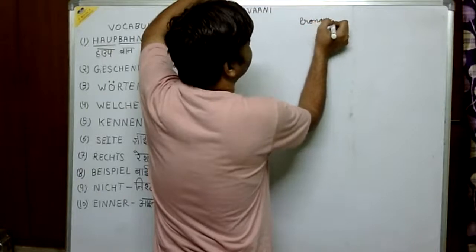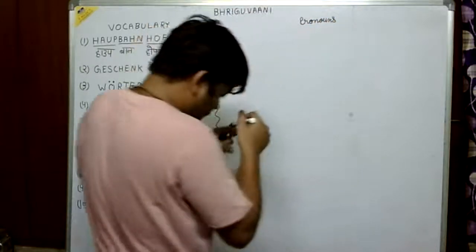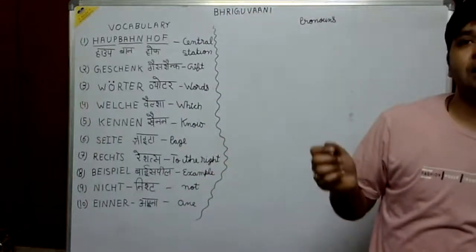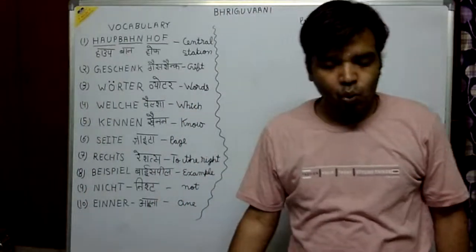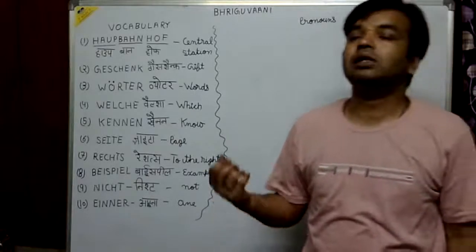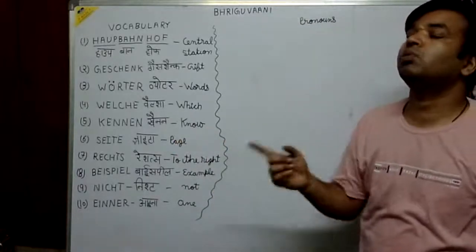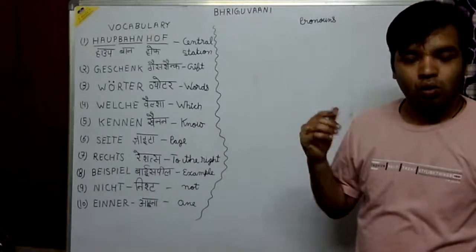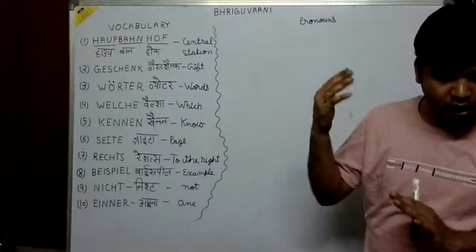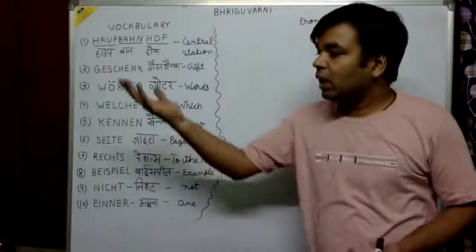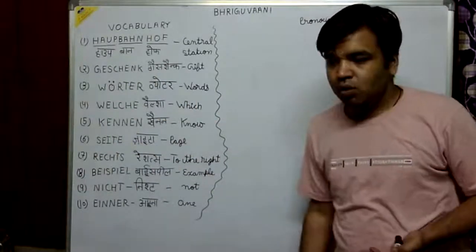These pronouns are the words which we can use in place of nouns. For example, wo, tum, tu. So these type of words are pronouns. You, we, they. These are the pronouns.